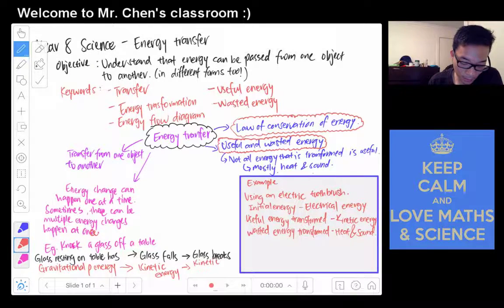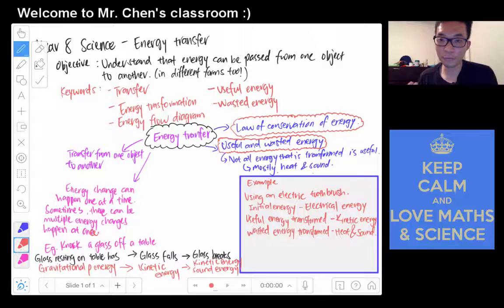But at the same time, there are two other things: sound energy, because of the breaking sound, and also heat energy. Because it hits the ground, it creates friction with the ground. You might not feel the heat, but it is there.